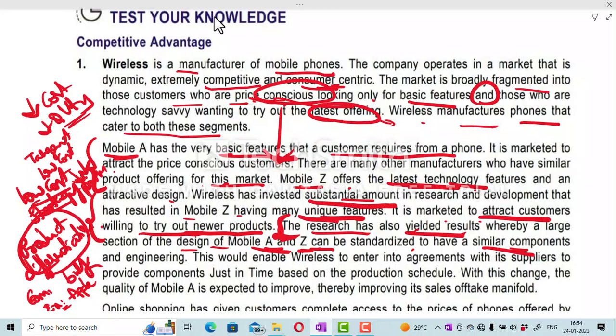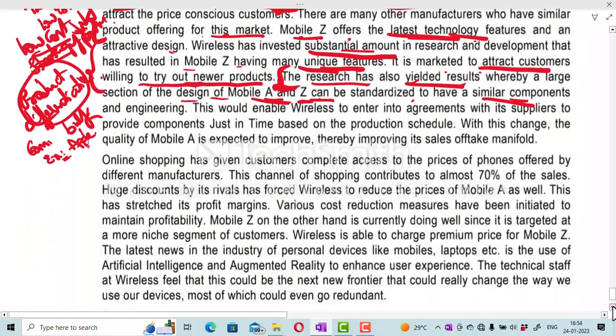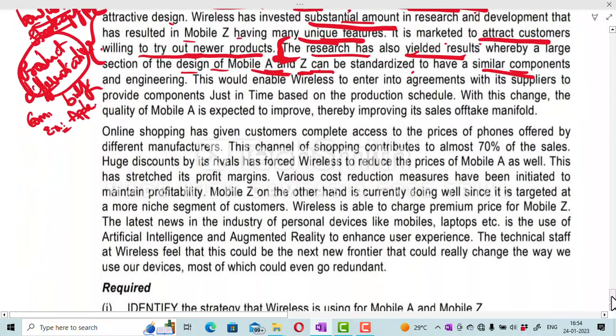So we need to take care of our intellectual property, and we need to protect it with property rights. Okay. The other disadvantage is it is not for price sensitive customers. I think in India there are more price sensitive customers when compared to persons who will pay premium amounts.